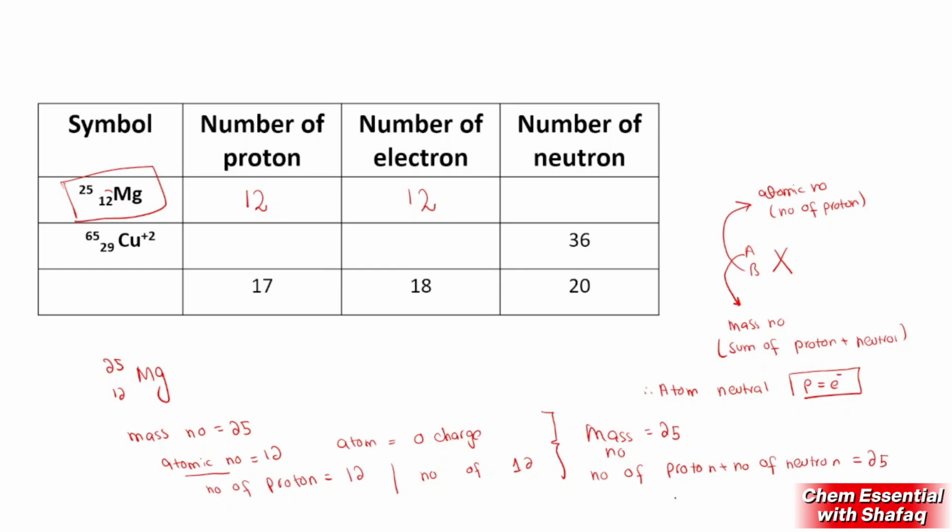You know the value of the number of protons, that is 12, plus number of neutrons equals 25. So number of neutrons is equal to 25 minus 12, that is equal to 13. So the number of neutrons is 13.